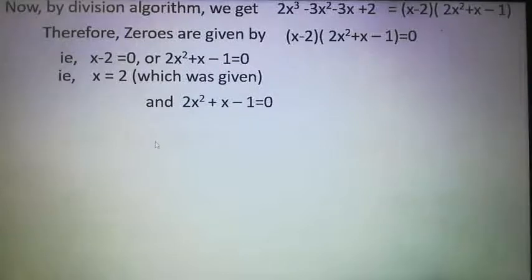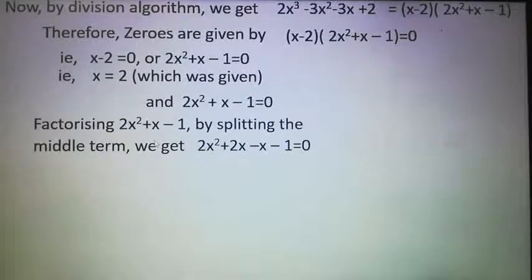Find two numbers whose product is negative 2 and sum is positive 1. You can choose the numbers 2 and negative 1, because when you add 2 and negative 1 you get 1, and when you multiply 2 and negative 1 you get minus 2. So the middle term x is split as 2x minus x.